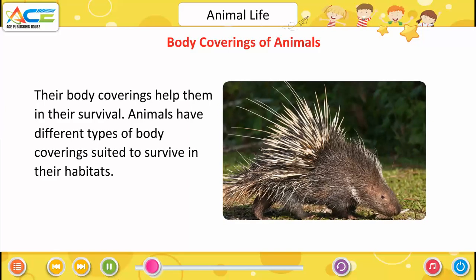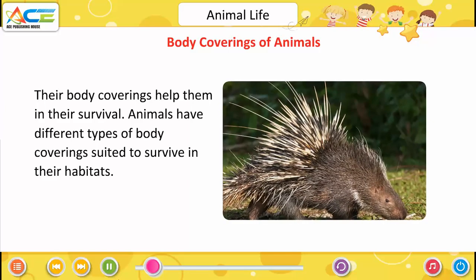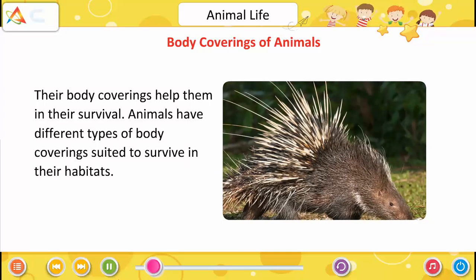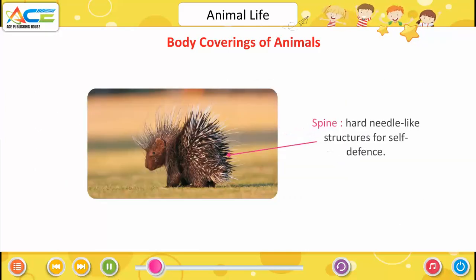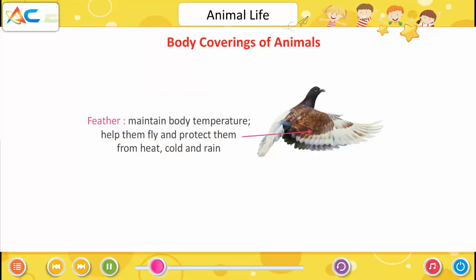Animals have different types of body coverings suited to survive in their habitats. Spine: hard needle-like structures for self-defense. Feather: maintains body temperature, helps them fly and protects them from heat, cold and rain.